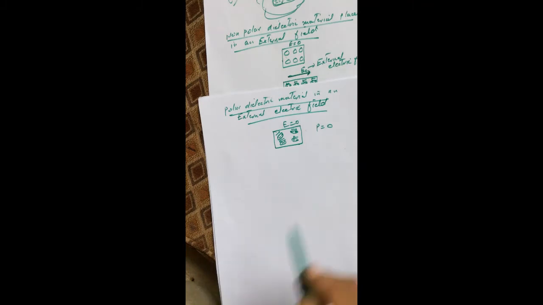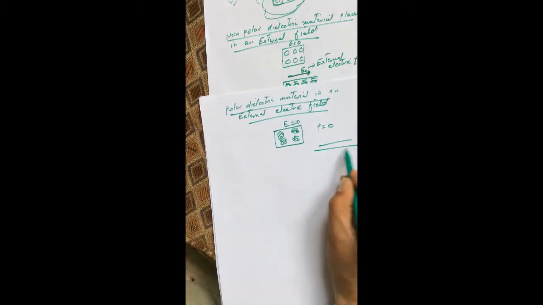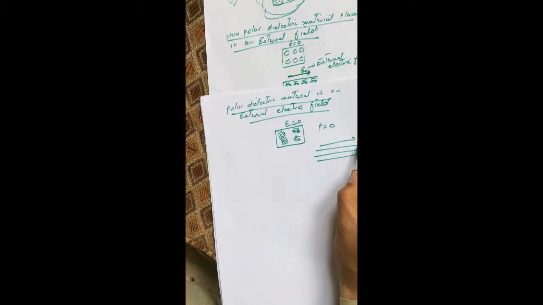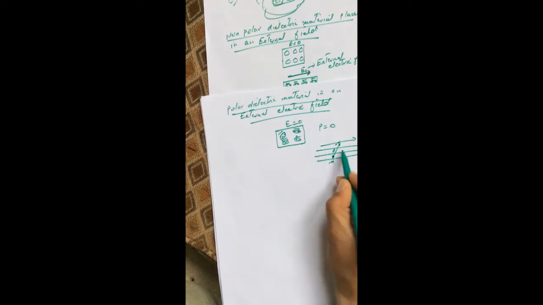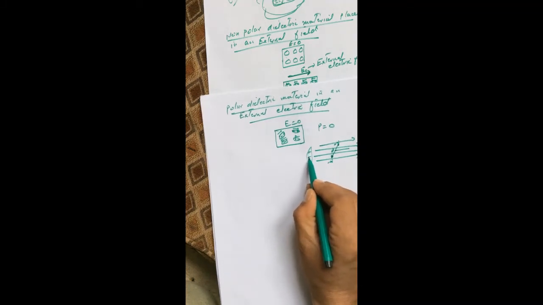Now we know that when a dipole is placed in an external electric field, suppose we have positive charge plus q and minus q separated by a distance d. Once we place it in an external electric field, what will happen? This is the negative side, this is the positive side.